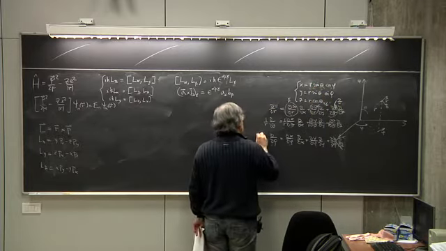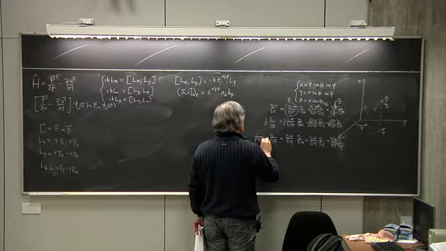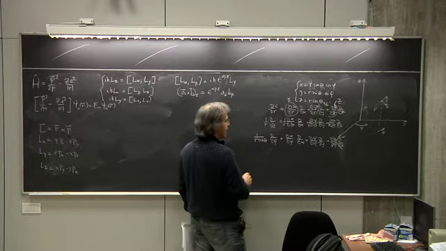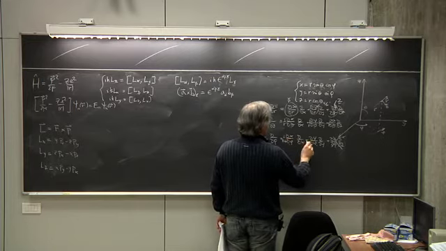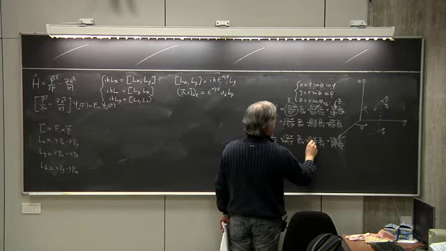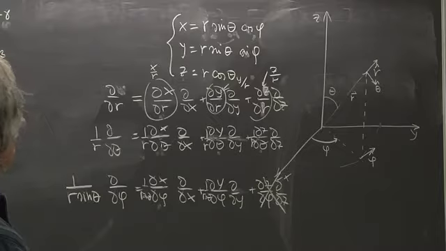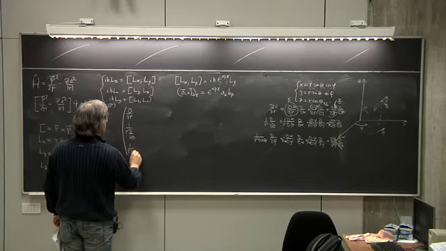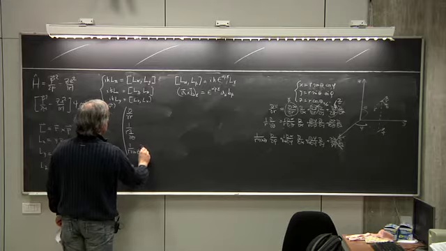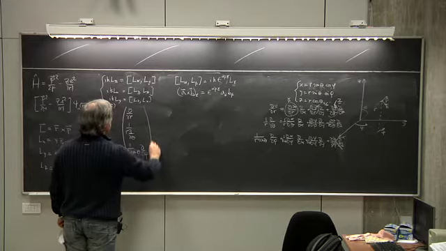So this time it is comfortable to just divide everything by 1 over r sine theta. When you do this, you end up with an expression for the derivative with respect to r, 1 over r derivative with respect to theta, and 1 over r sine theta derivative with respect to phi.